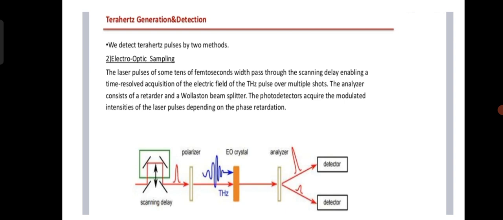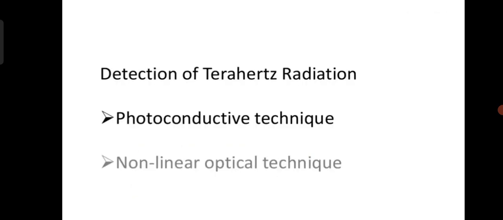Here you can see the scanning delay, which passes the beam through the polarization. You can find the terahertz beam passed through the crystal, and it then passes through the analyzer to get detected by detectors.